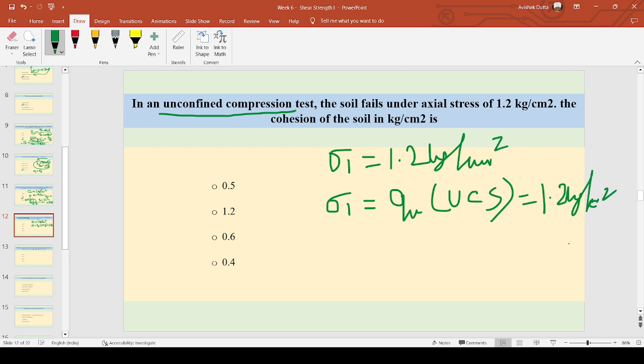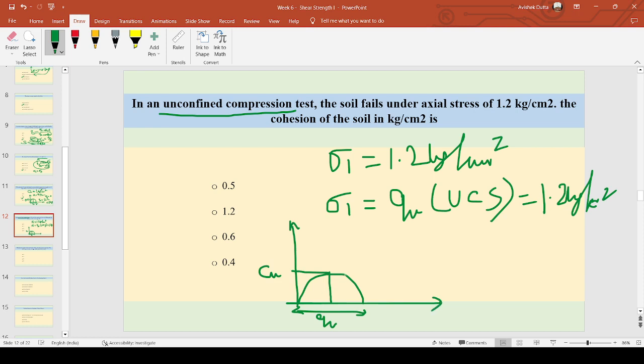Then what is the value of the cohesion of the soil? As I have said previously, I will draw the diagram once again over here. This is the Mohr circle for sigma 3 equal to 0. This is sigma 1. This is the unconfined compressive strength, that is Qu, and this is the maximum shear strength, that is Cu. Cohesion is equal to the shear strength.